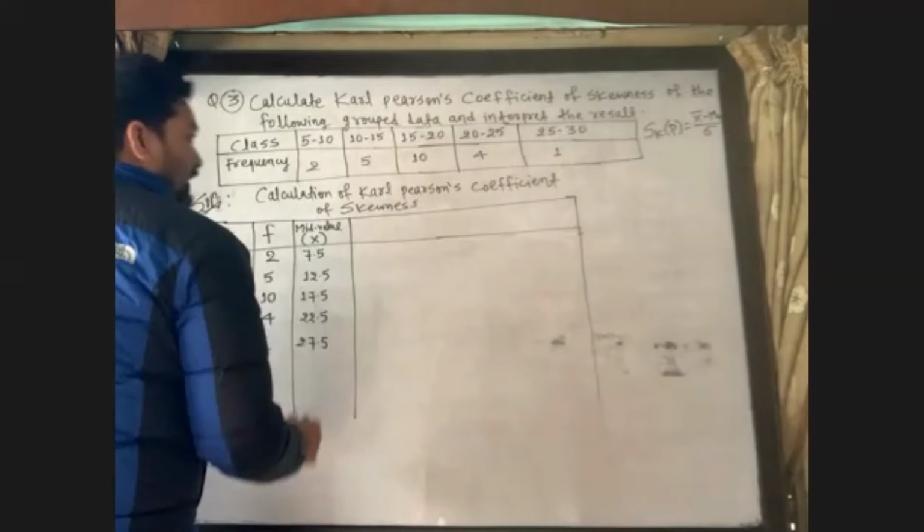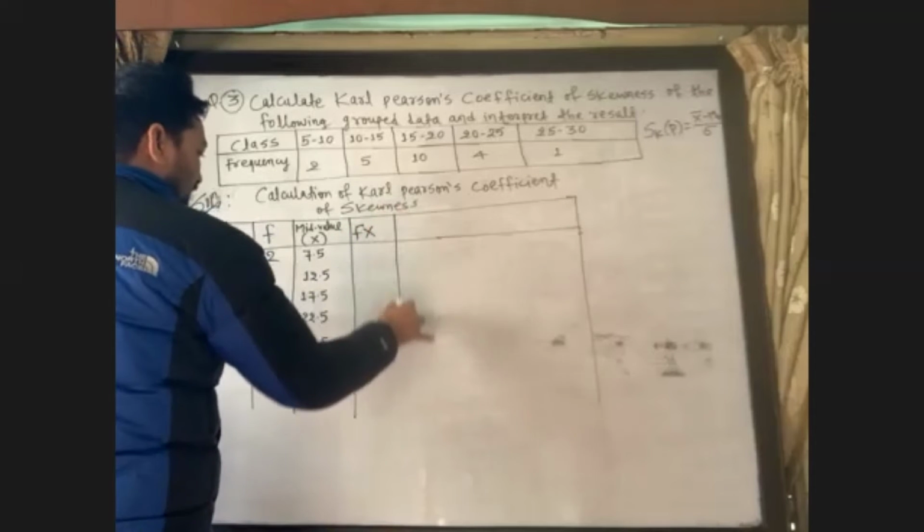हामीले mid value find out गर्यौं. अब हामीलाई mean find out गर्न we need here fx. Okay, f into x. So let's multiply here. Okay, f र x लाई हामीले multiply गरौँ then. अब 7.5 into 2 भनेको त this is 15.